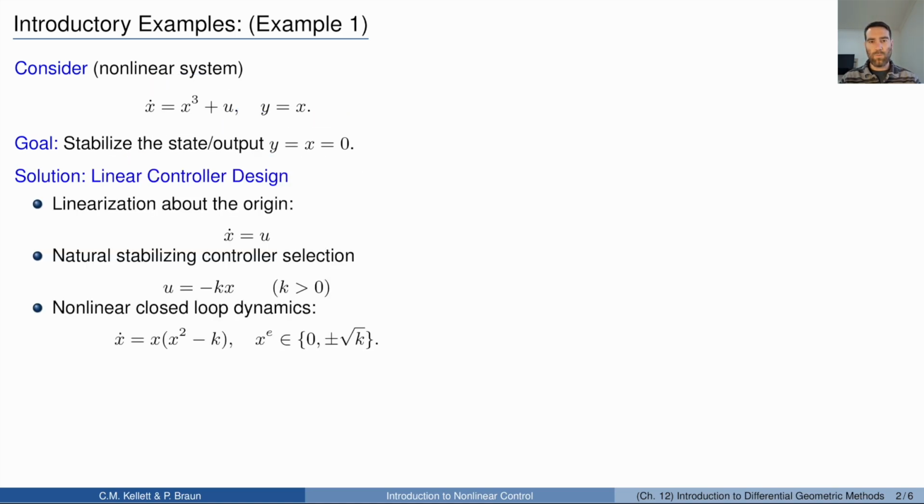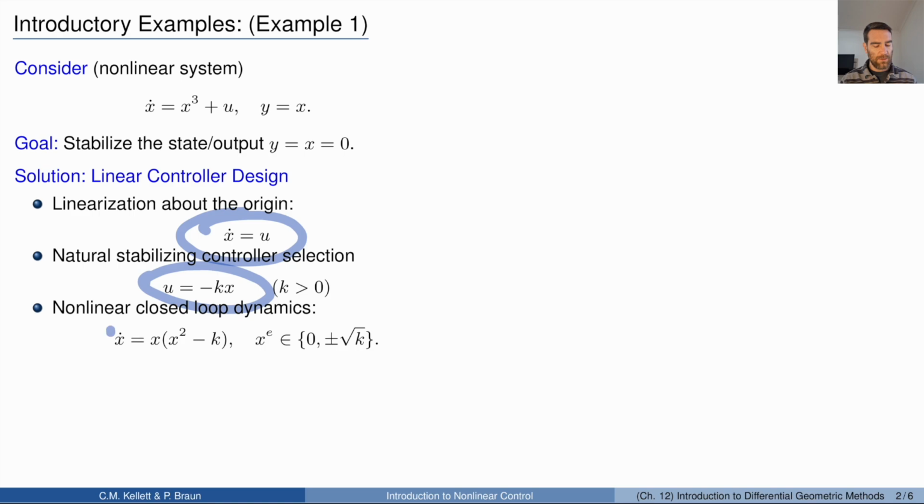Okay, one way to do that with methods we have already discussed would be through a linear controller design. So linearizing the nonlinear dynamics about the origin, leading to the linear system x dot is equal to u. Once we have the linear system, we can define a stabilizing controller, u is equal to minus kx for positive constant k.